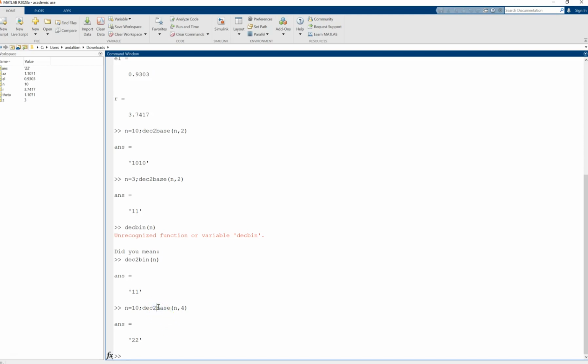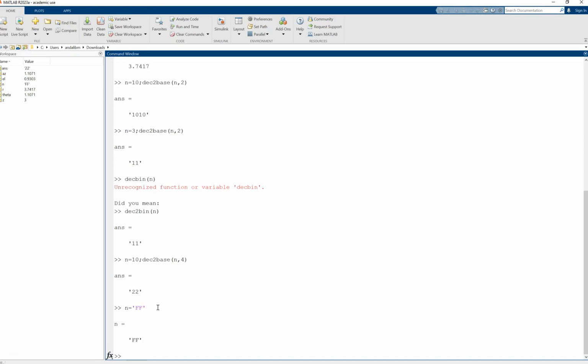But this is a powerful command. And then there is a backward command, so we can go from a base to decimal, right? For example, let's say I define n equals ff, a hexadecimal, and now I want to convert that number to decimal, and I say n, and the base is 16, right?